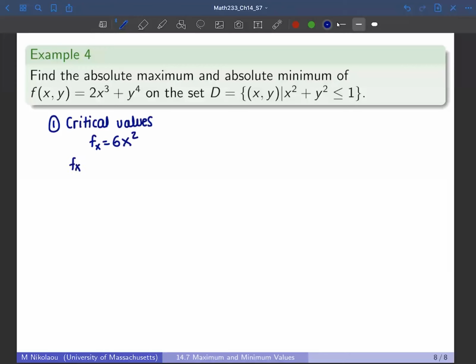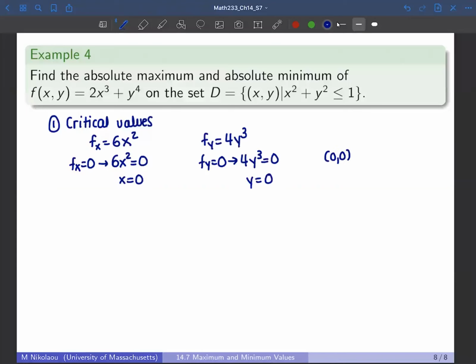Setting that f_x equal to 0, we get 6x squared equals 0, so x equals 0. For f_y, we have 4y to the third, and setting that equal to 0 gives y equals 0. So we only have one critical point, (0, 0), and the value of the function at that critical point, f(0, 0), is just 0.